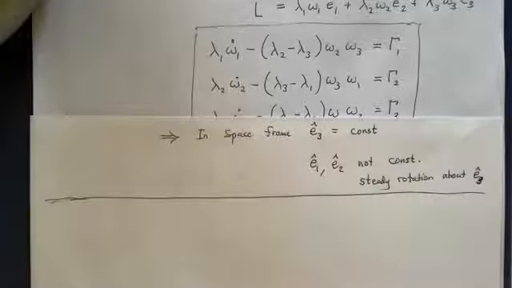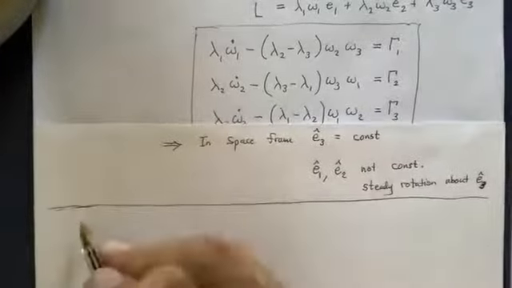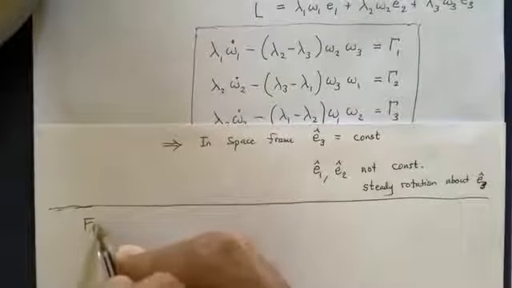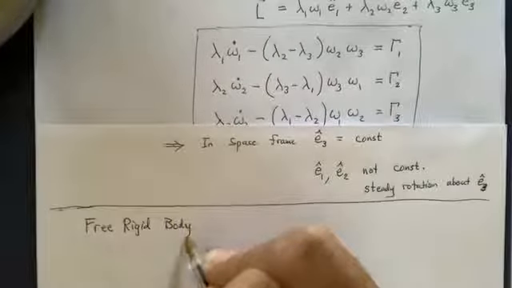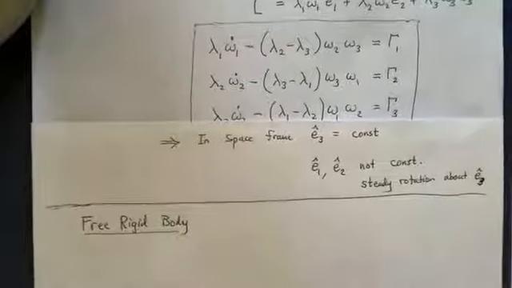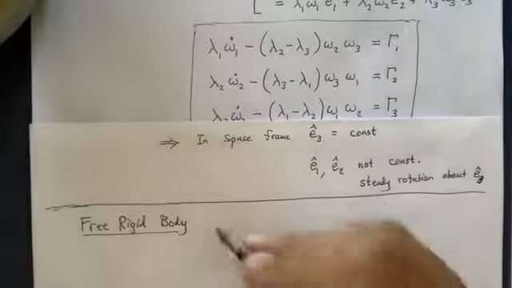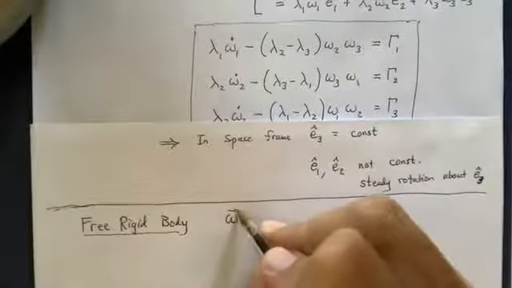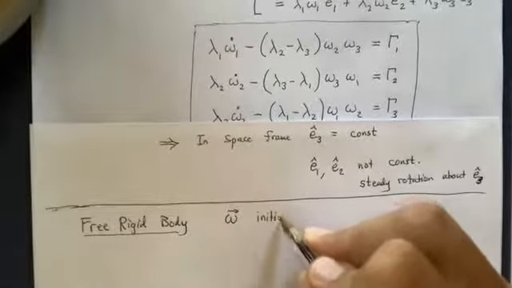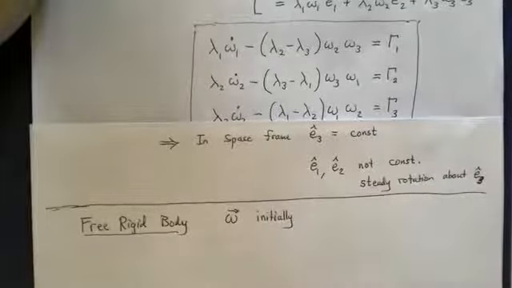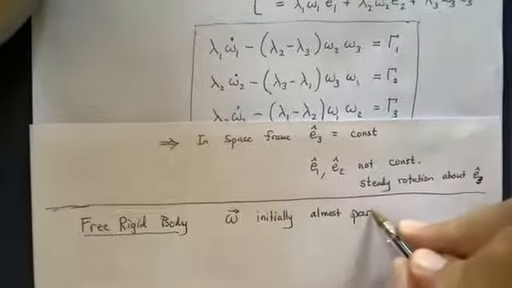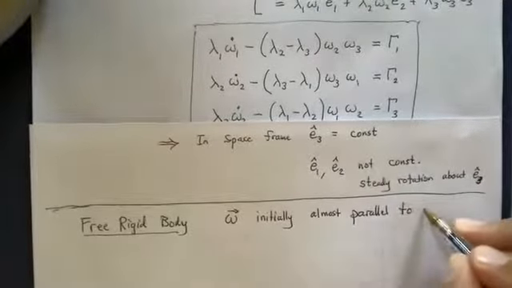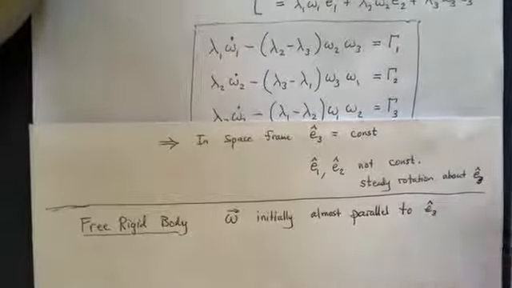This analysis, what we're doing here, the picture I just showed you, we have the free rigid body, and the initial conditions, the angular velocity vector initially almost parallel to this axis.